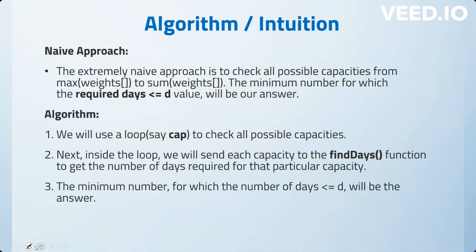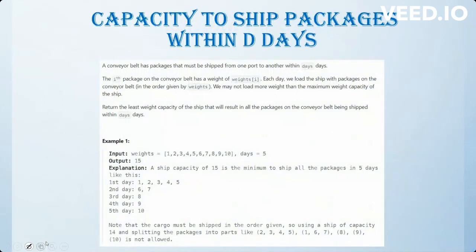Basically, from this question, what we can infer is what can be the weights. One weight can be the maximum, which is we can send each thing separately. The weight can be 10, because if the weight is less than this last element, we can't send this last element.